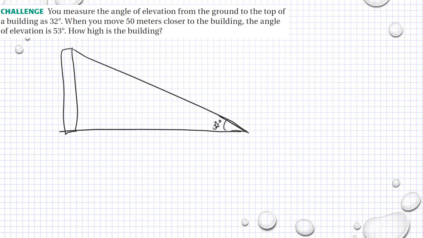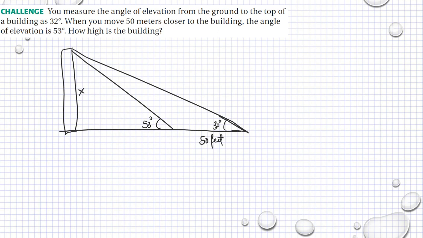When you move 50 meters closer to the building, the angle of elevation is 53 degrees. So we have here now, closer, 50 meters. Then we have 53 degrees. How high is the building?